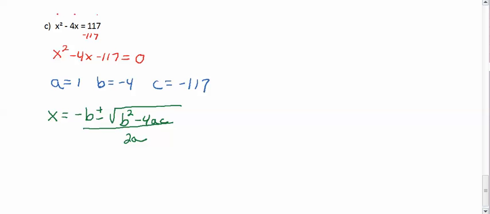Now I take those, and now I'm going to substitute my a, b, and c. So now we're going to go up here and do a little work. So x is equal to, and my b again is a negative 4. So I have negative 4, that's my b, plus or minus the square root.